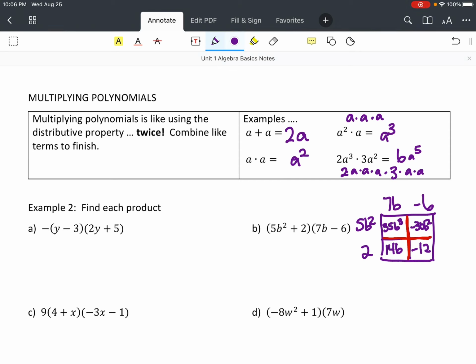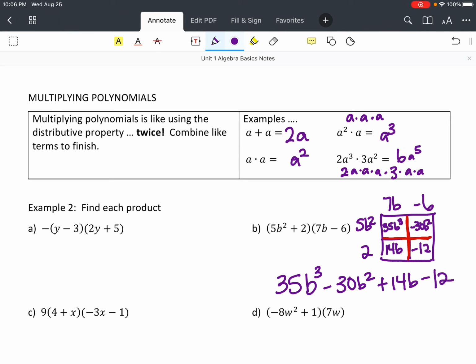In this particular example, none of our variables have the same exponent, so there is nothing that we need to combine, giving us a final answer in standard form of 35b cubed minus 30b squared plus 14b minus 12.